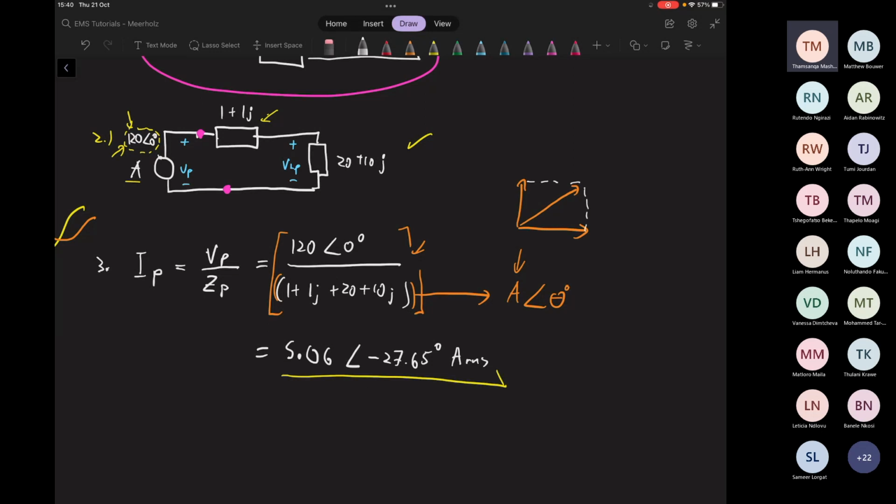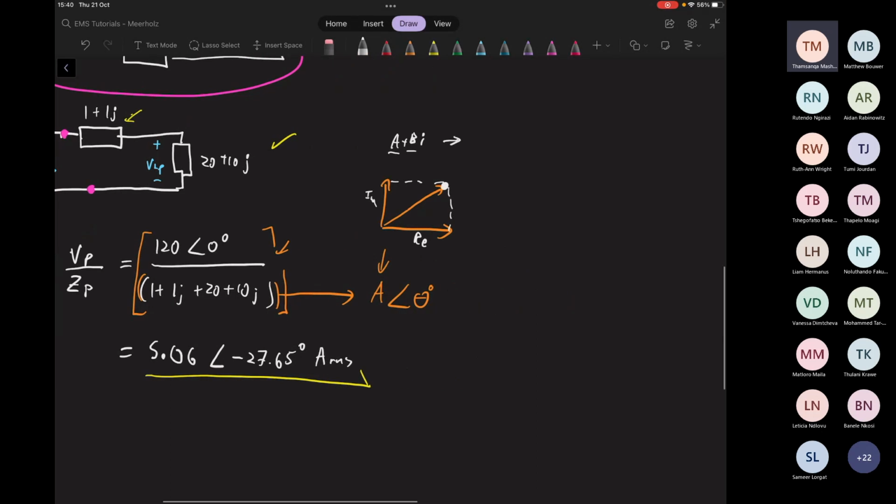If this is imaginary and this is real, you'll get some point here, and you could say it's a plus b i, a for the real part and b for the imaginary part, the magnitude of that. We can convert into this. I'm just going to show it briefly. I shouldn't use a here, we'll call it r.